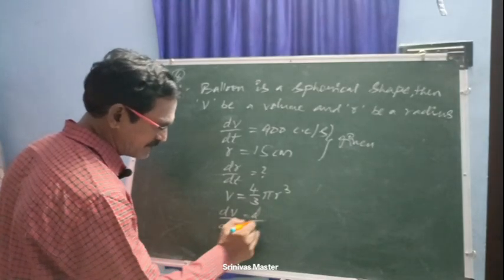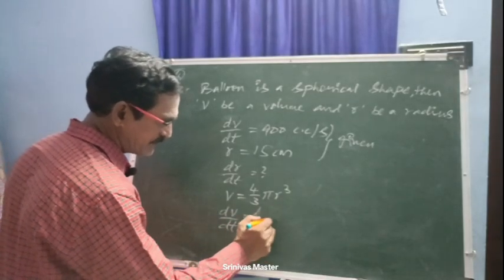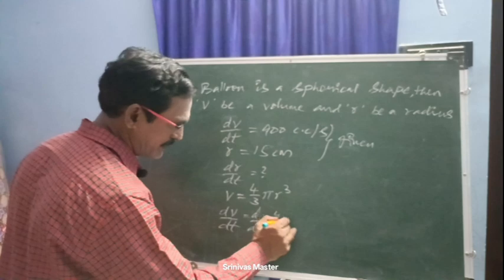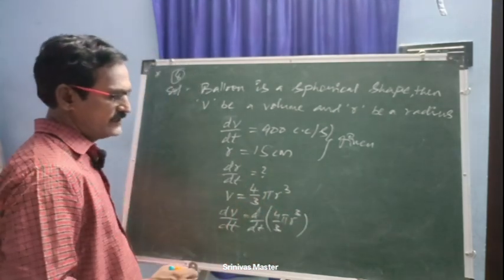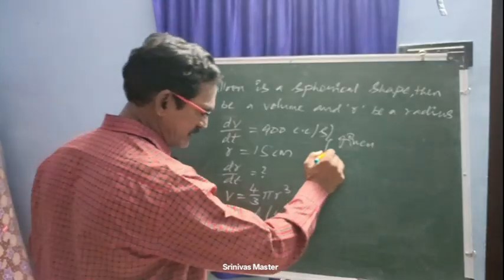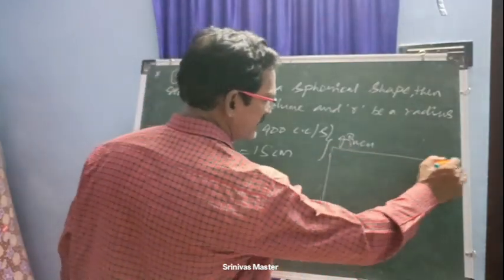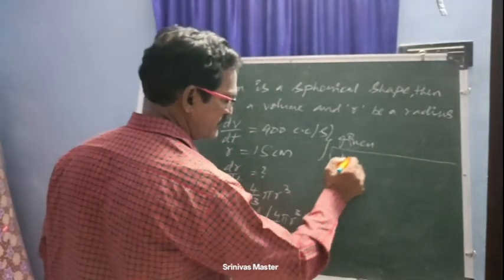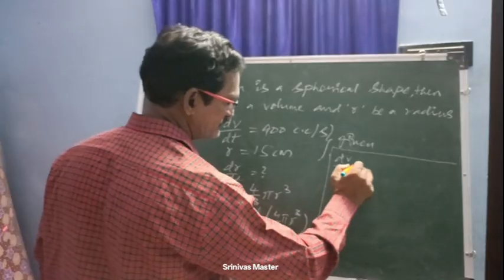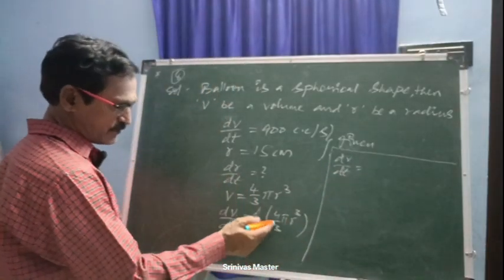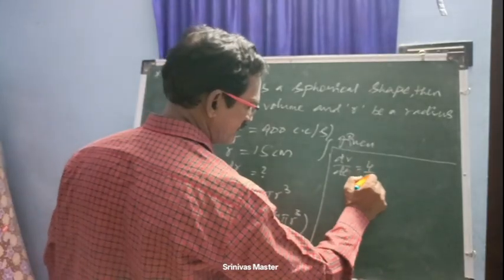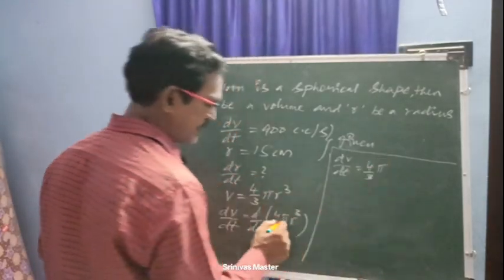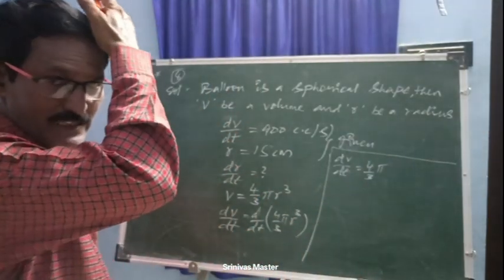Now d by dt of 4 by 3 pi r cube. See how to do it. dV by dt is equal to, see children, 4 by 3 pi is the numerical coefficient, so keep it as it is, 4 by 3 pi r cube. r cube is just like x cube.